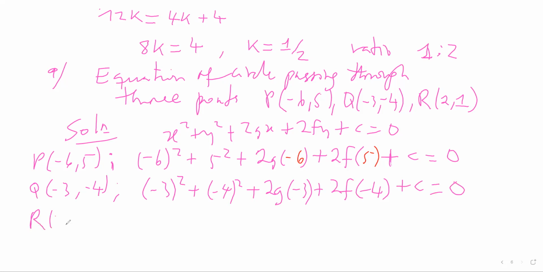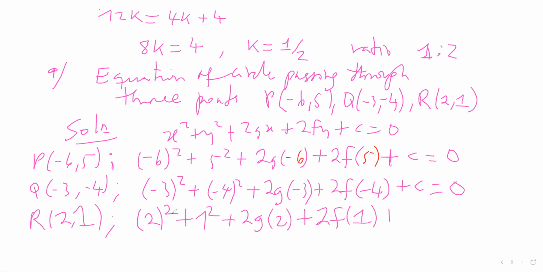Then your R is (2, 1). This is 2 squared plus 1 squared plus 2g of 2 plus 2f of 1 plus c is equal to 0.